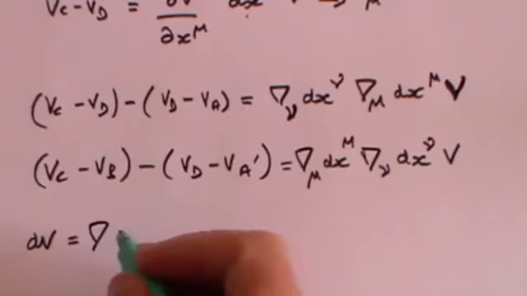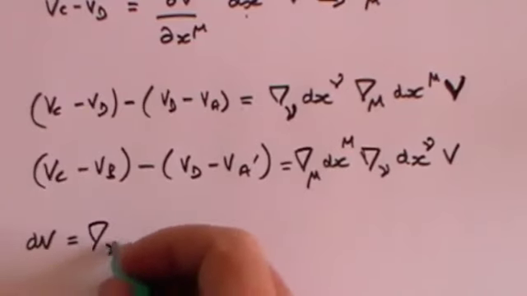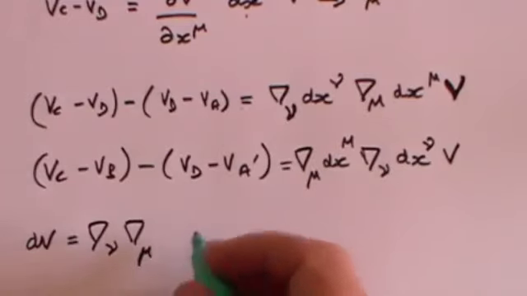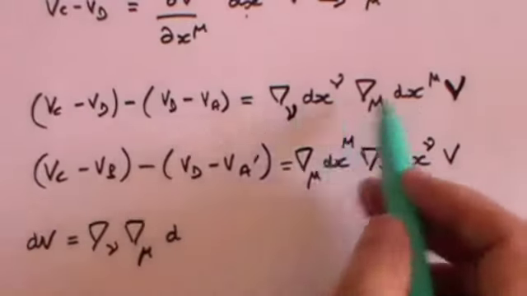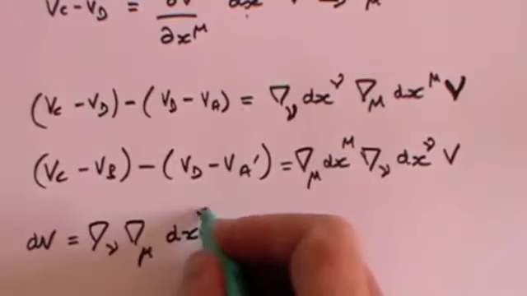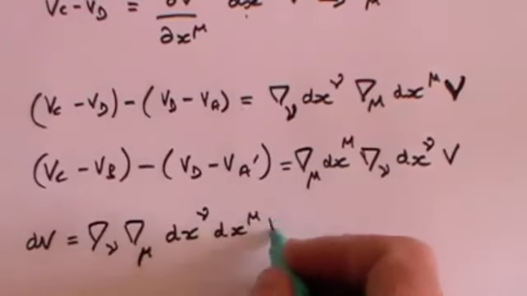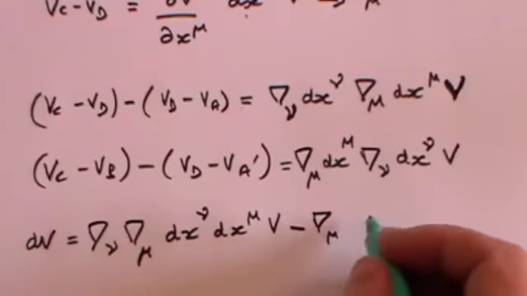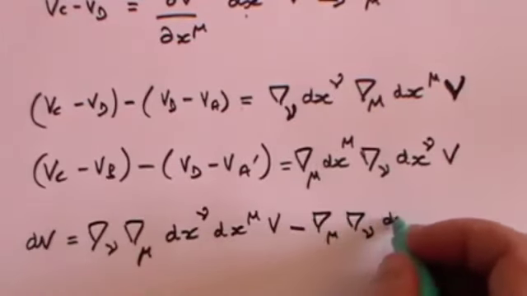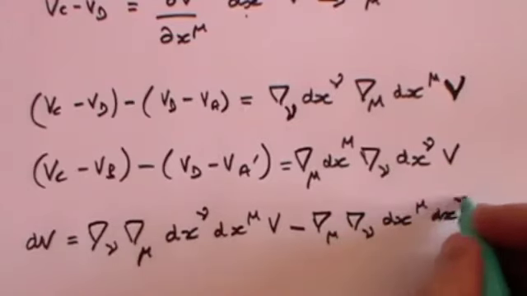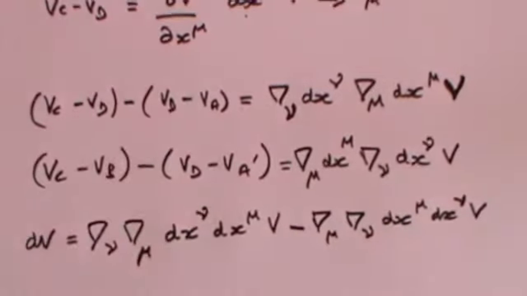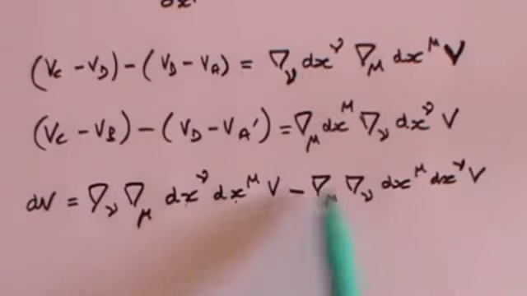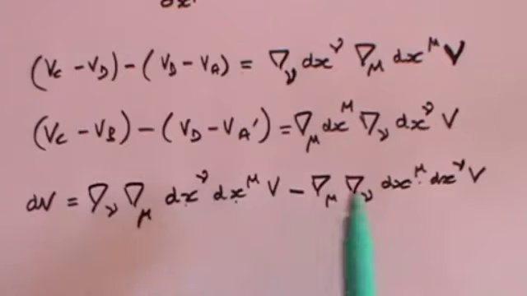which is covariant derivative nu, covariant derivative mu, doesn't matter which order we put these in, dx nu dx mu v, minus this term, covariant derivative mu, covariant derivative nu, dx nu v. And we can pull out the dx mu and v because the order again doesn't matter here.